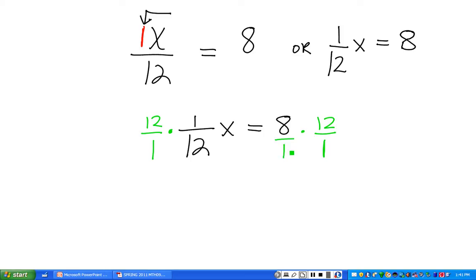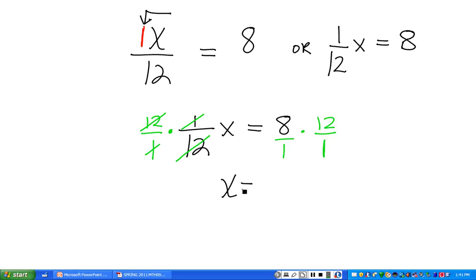So, why does this work, this reciprocal? It works because the 12s cancel out. And we got 1s left. They sort of cancel too, but it's still always a 1, even though we say it cancels. So, everything cancels out on the left, leaving the x by itself.